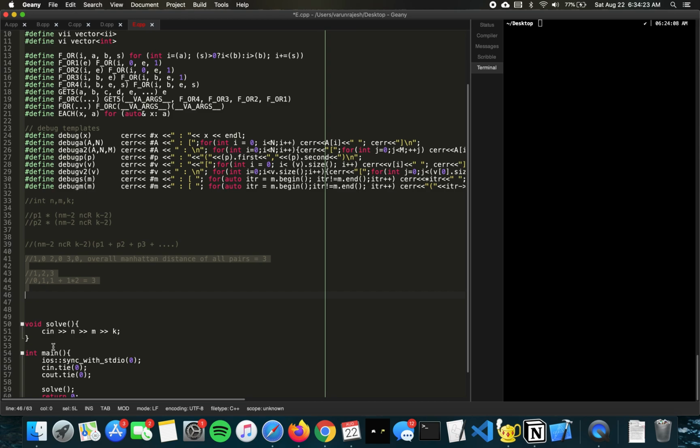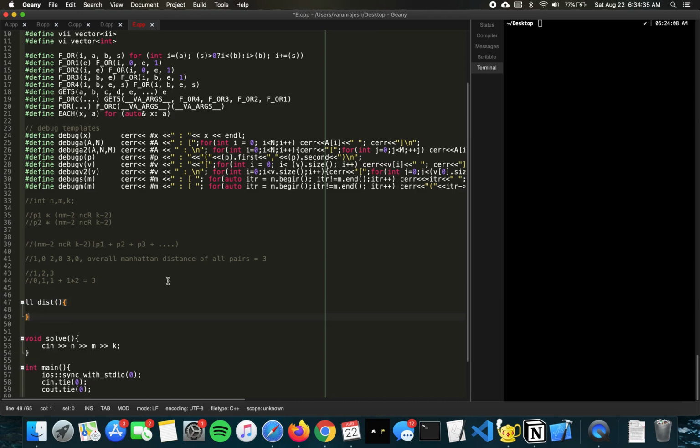Okay, so let's try and do that. So I'm gonna make a function called distance to calculate the sum of all the Manhattan distances, right? So let's have our answer set as 0 at first, and then we'll have two vectors, x and y, right?